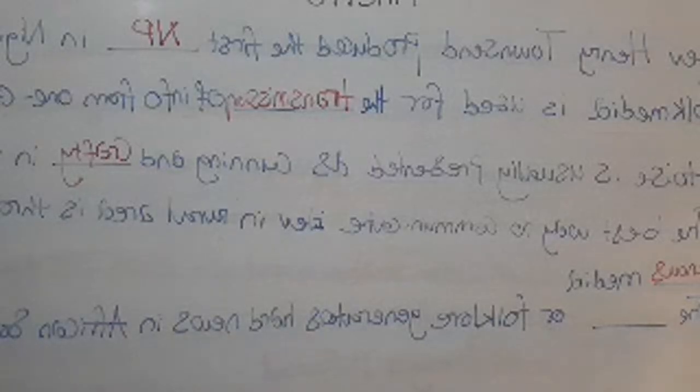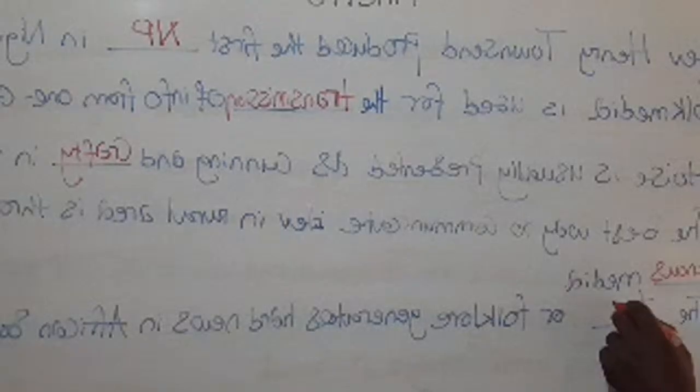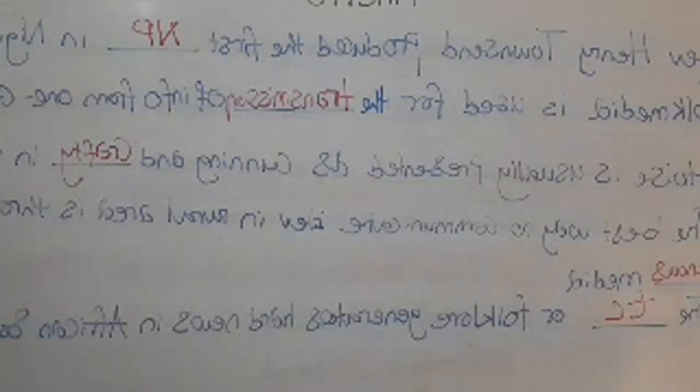We have the town crier. That's the correct word. So let's just abbreviate that to TC. Town crier.